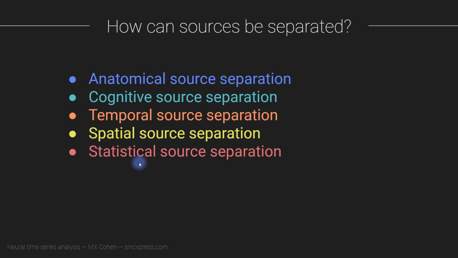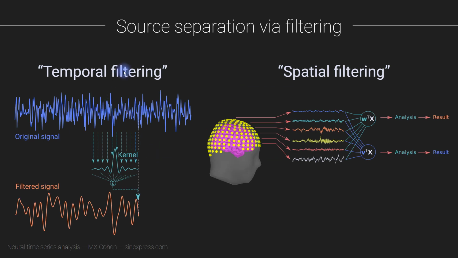I'm referring to the descriptive statistics like variance, covariance, spectral features, and so on. And once you start talking about statistical source separation, that leads to temporal or spectral source separation and spatial source separation.